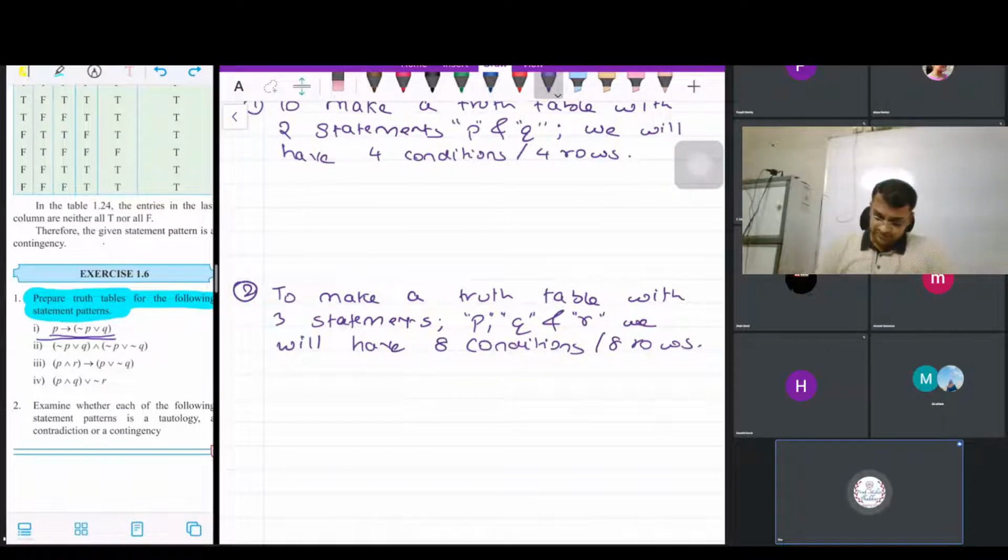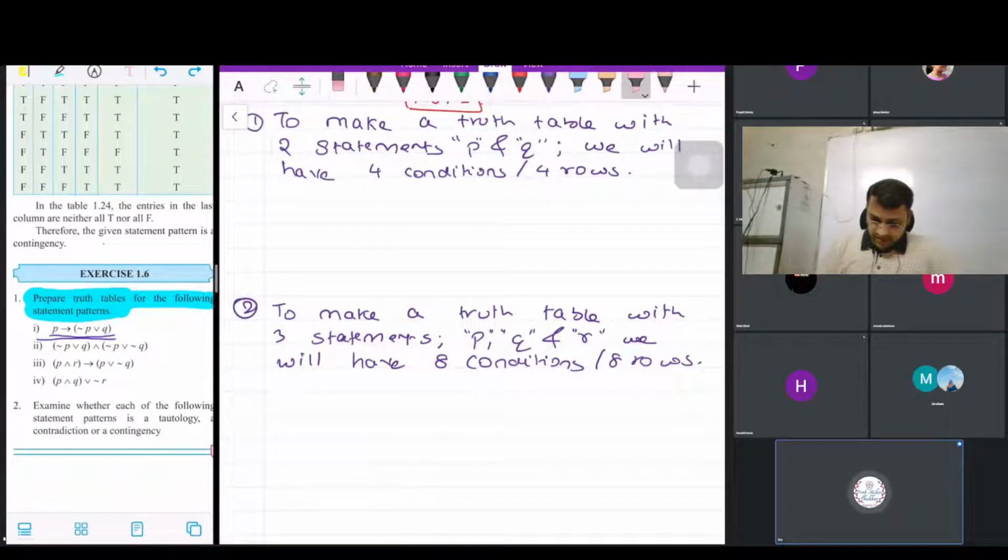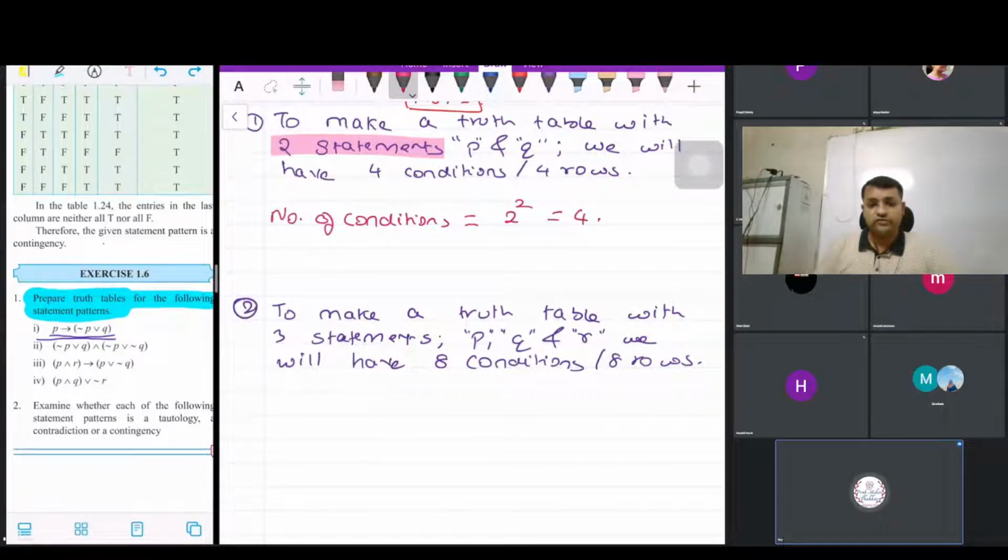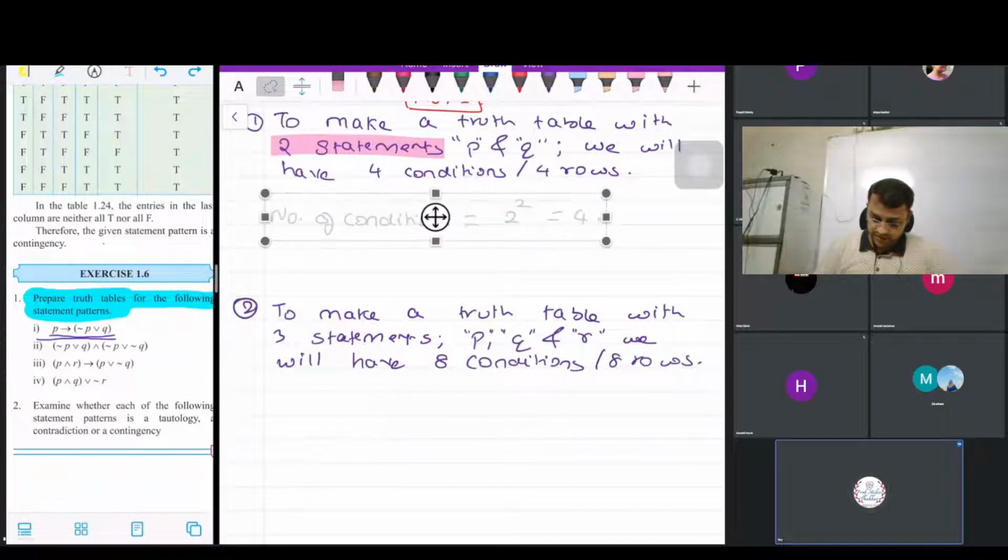See, it's very simple. Because there are only two statements, the number of conditions is equal to 2 to the power 2, which is equal to 4. Now how does this arise actually? Let me write again a small important point for you.